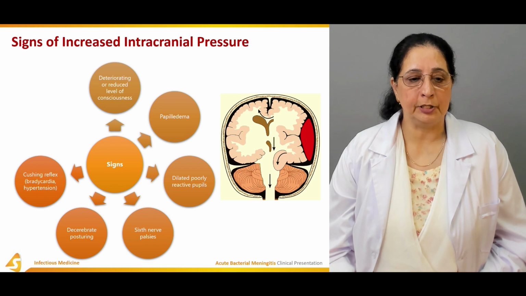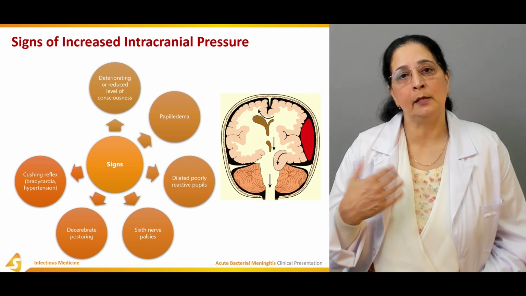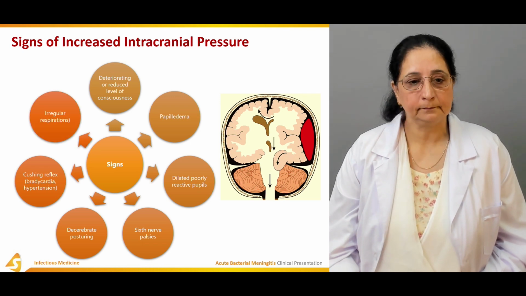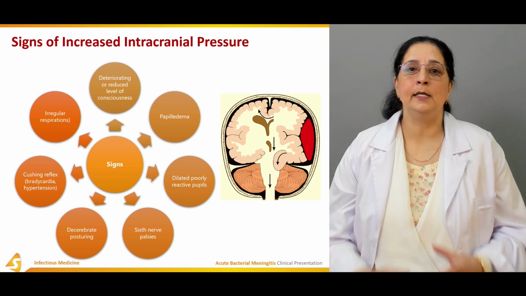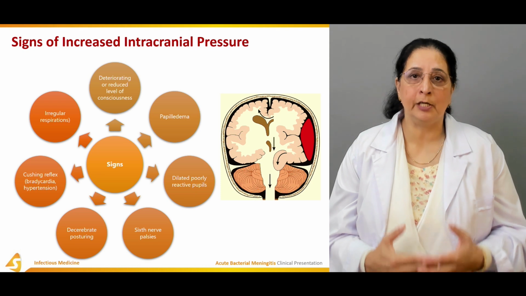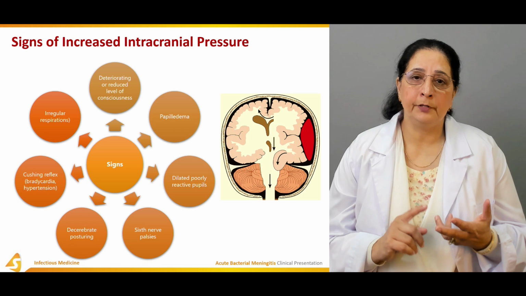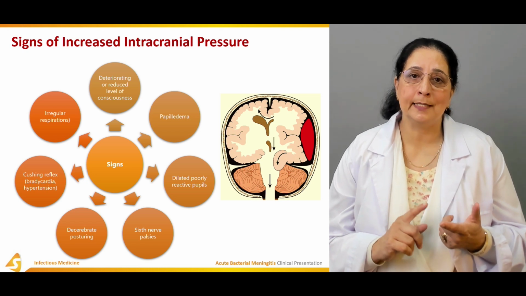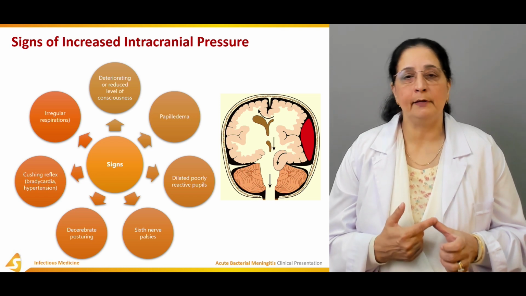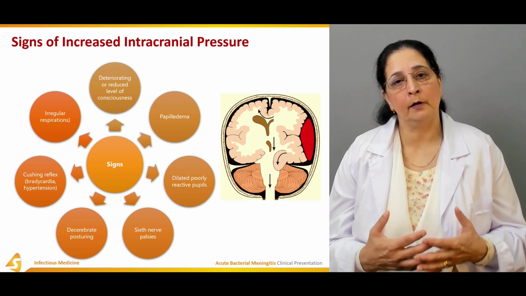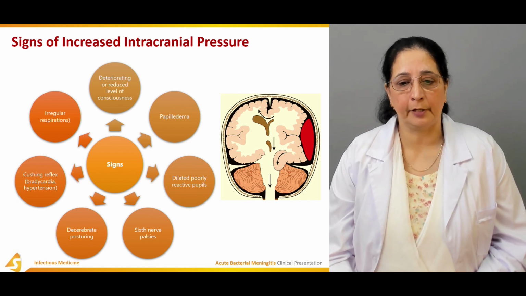Cushing reflex, which is bradycardia and hypertension: the pulse rate is low and the blood pressure is high. There is irregular respiration. So all these are the signs of increased intracranial pressure: papilledema, decreased level of consciousness, sixth nerve palsies, decerebrate posturing, and irregular respirations.